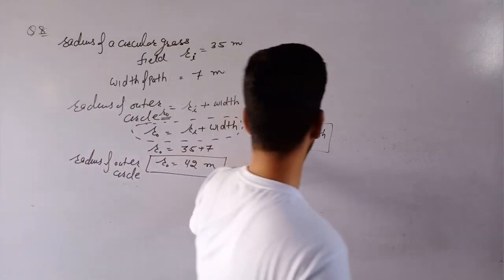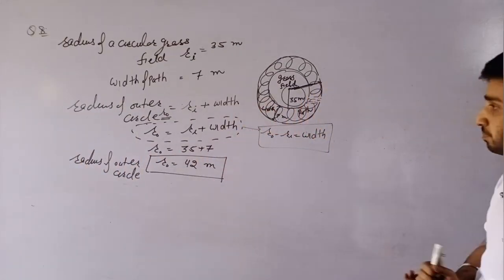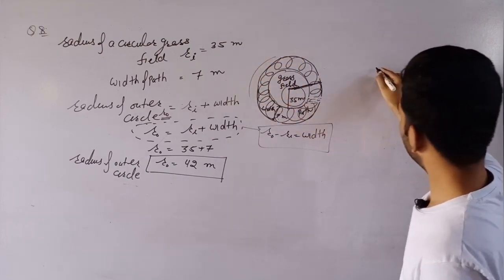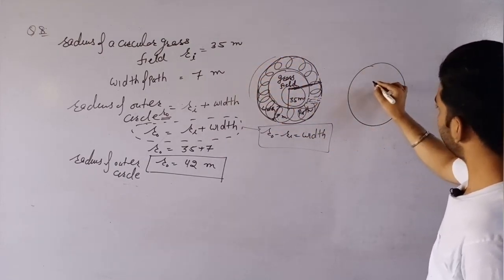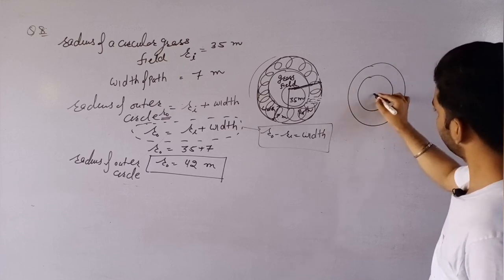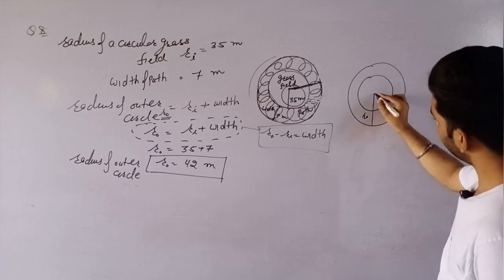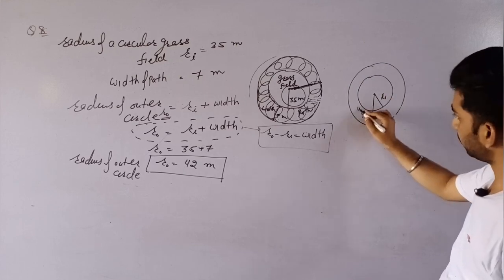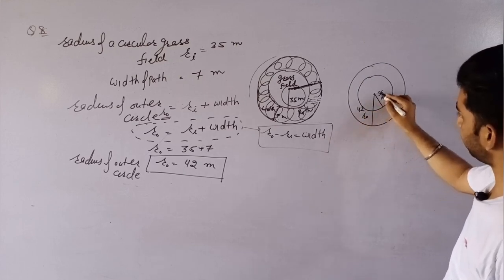We have discussed this type of formula in our class 9th. Here these are two shapes. It is R outer and it is R inner. R outer is 42, suppose that, and R inner is 35.